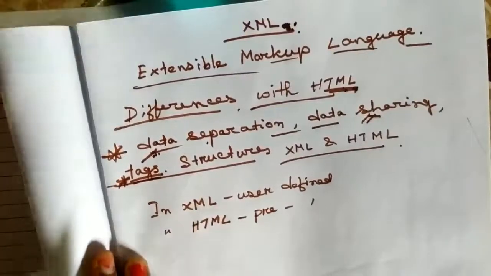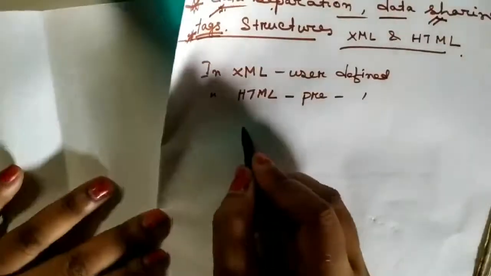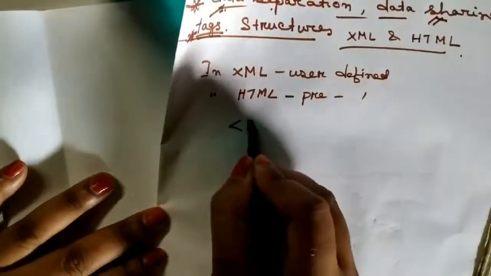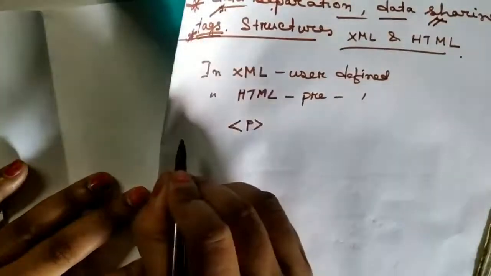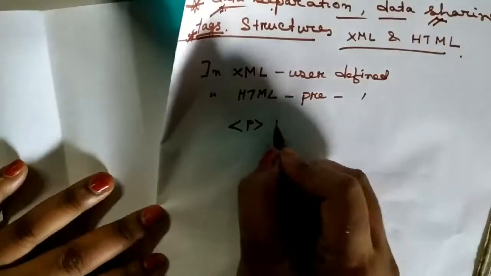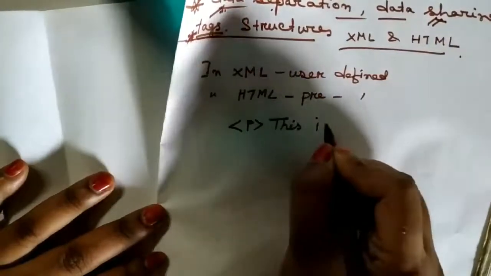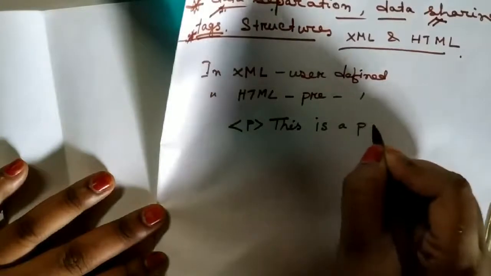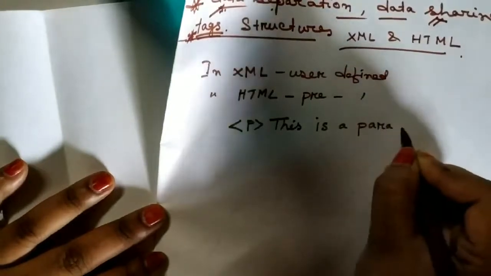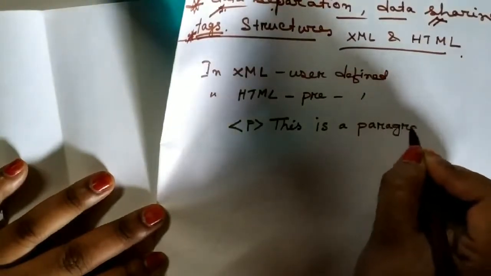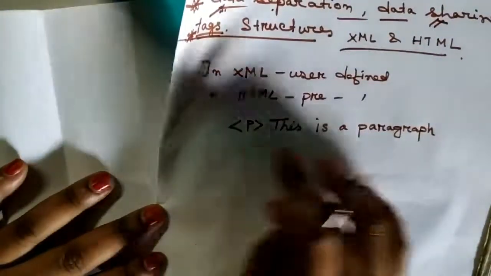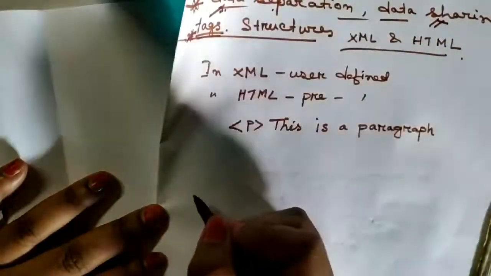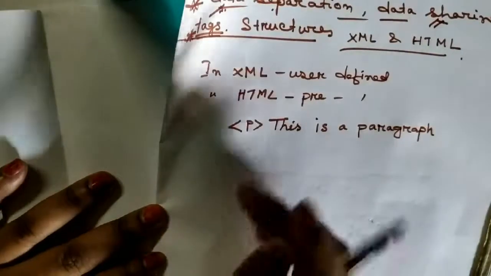For example, see, P means this tag is used for a paragraph. Suppose this is a paragraph. In HTML, there is no need to close this P tag.